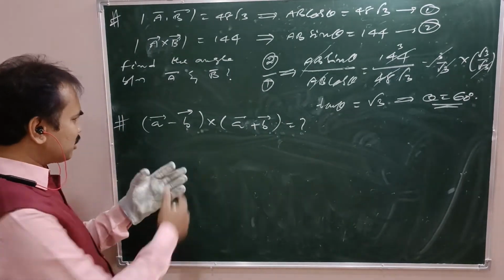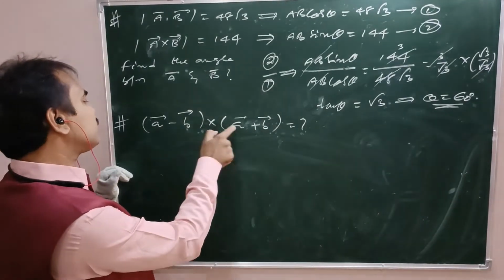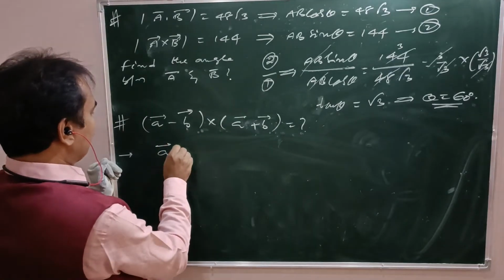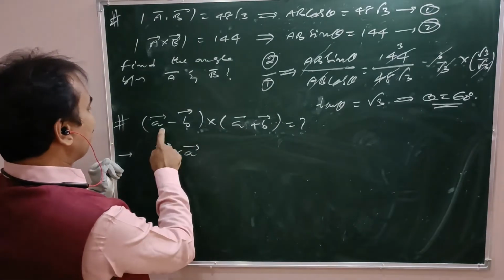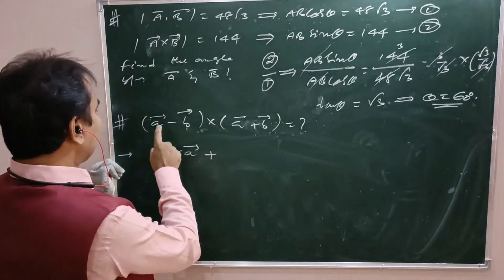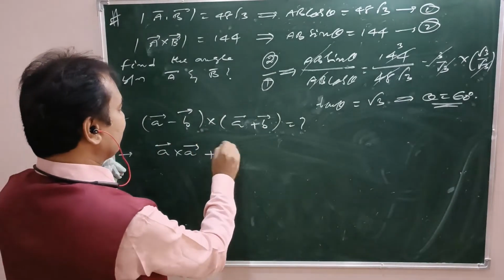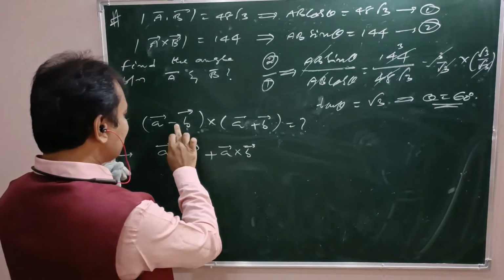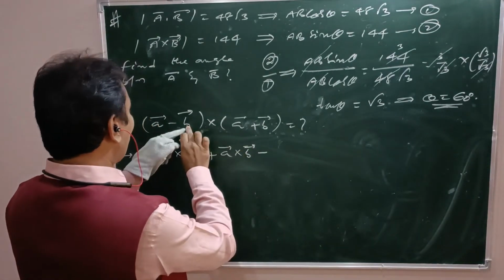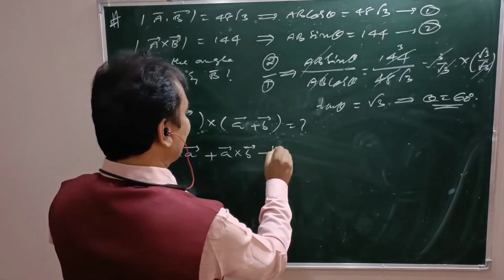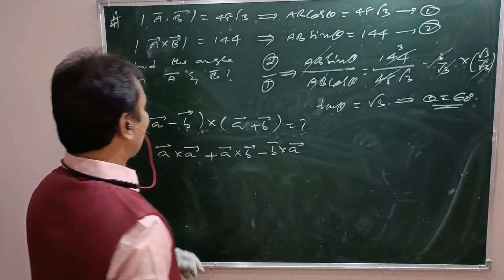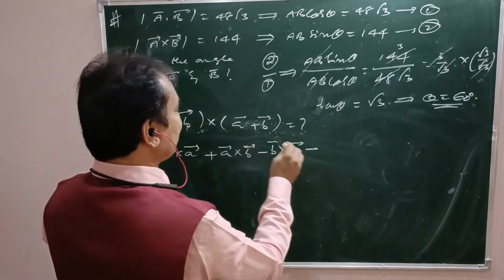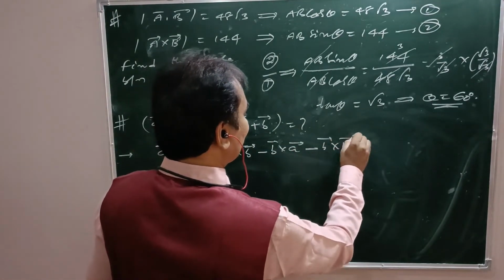Now take the distributive law into consideration. A cross A, that is A bar cross A bar, plus A cross B, minus B cross A, minus B cross B.